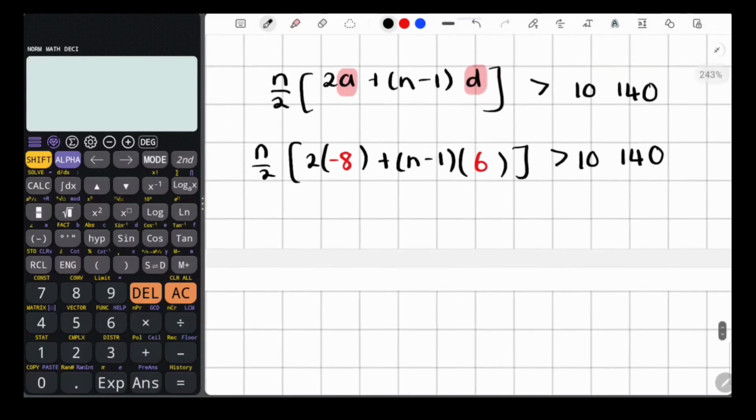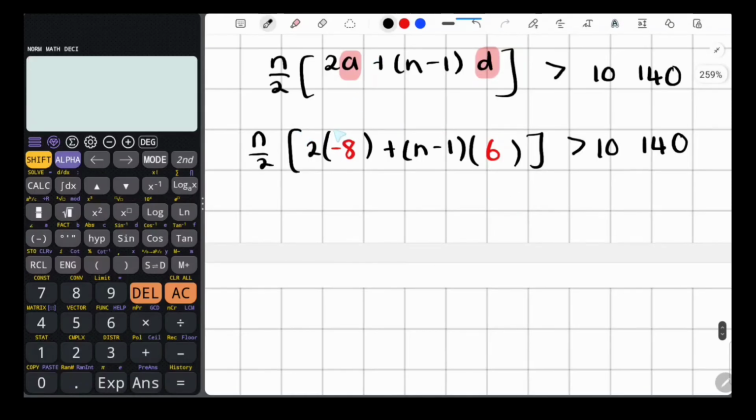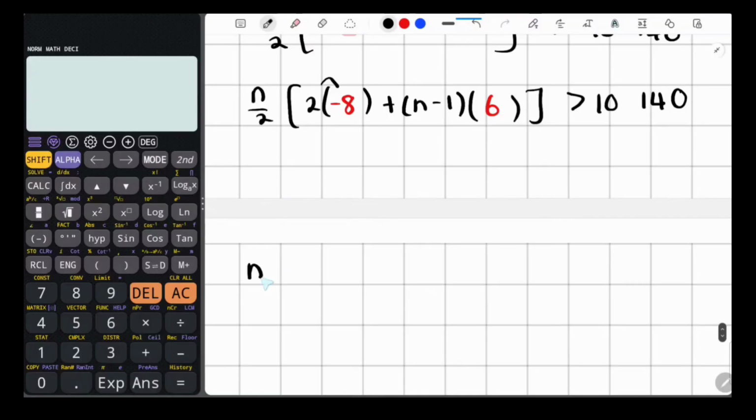So with this inequality, we can start with this bracket. Multiply these first. So we're going to have the n over 2 and then open a bracket. This is going to become a -16. Then this, I'm going to multiply it like this. The 6 is multiplying to the n, and the 6 is also multiplying to the -1.